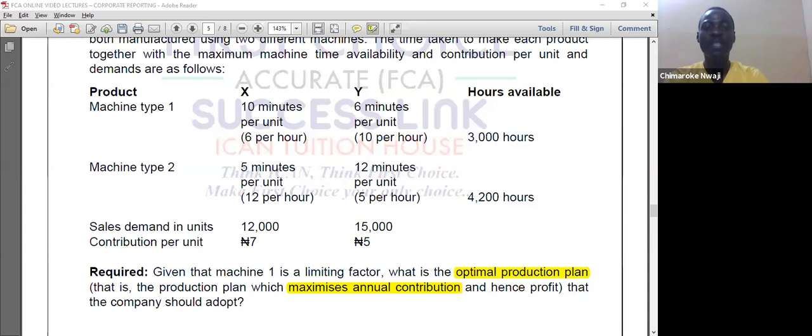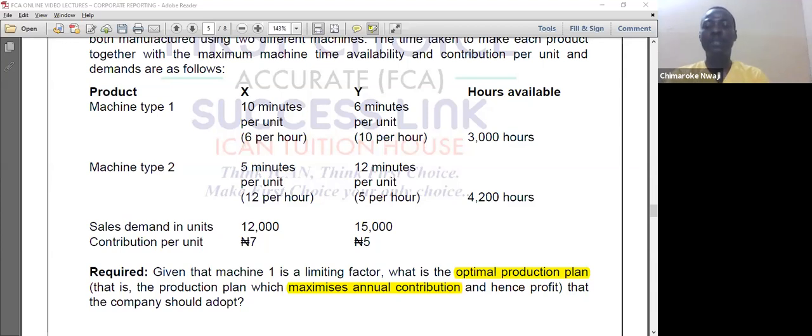Contribution per limiting factor is more important than contribution per unit, because if you rank based on contribution per unit, you'll be tempted to rank X as the first. X is giving us a higher contribution per unit if there was no restriction. But now that we have a restriction, X is not the one giving us the best contribution. What is giving us the best contribution is Y. So that's why you have to do this.